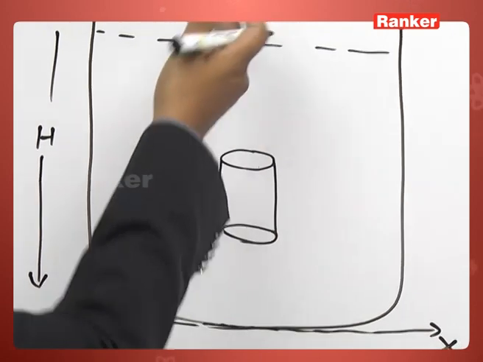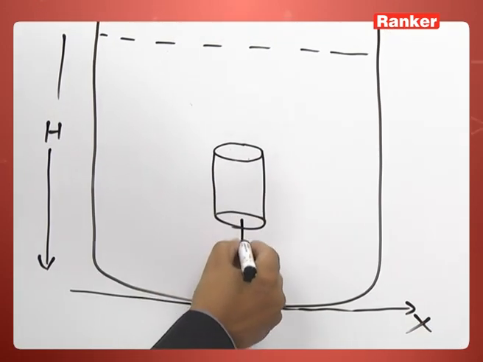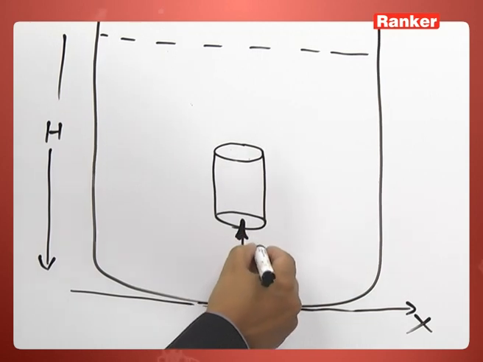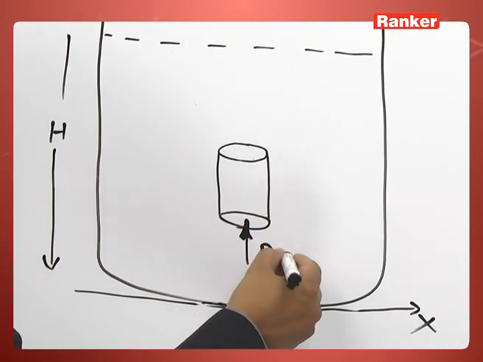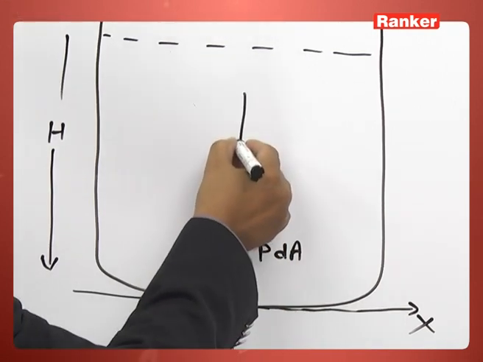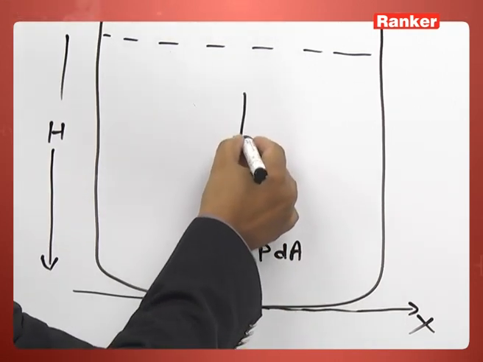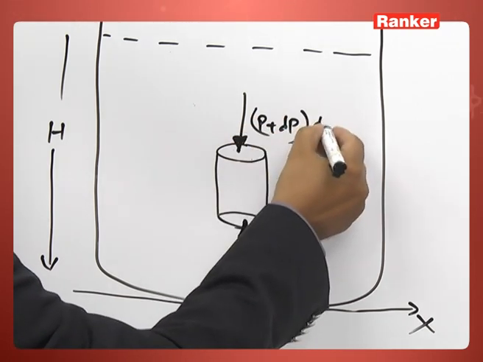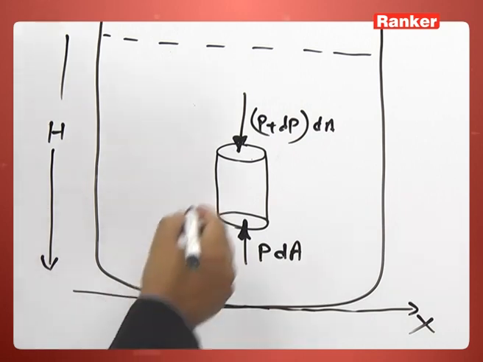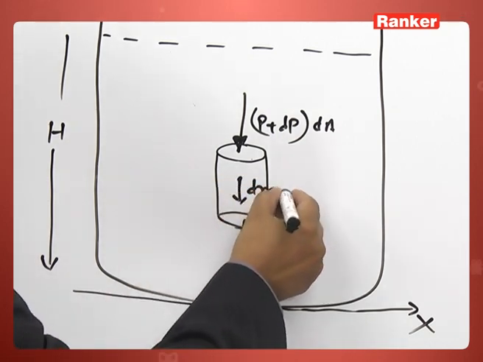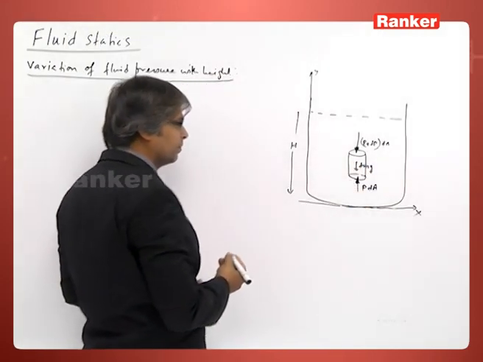So, the pressure varies with height, and here there is a fluid pressure P and area dA. So, P dA is the force. Now, here the fluid pressure changes to P plus dP and the area is dA. So, this is the force downward, and the weight, that is dm into g, is acting downward.